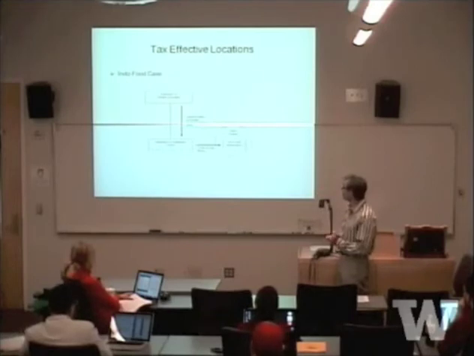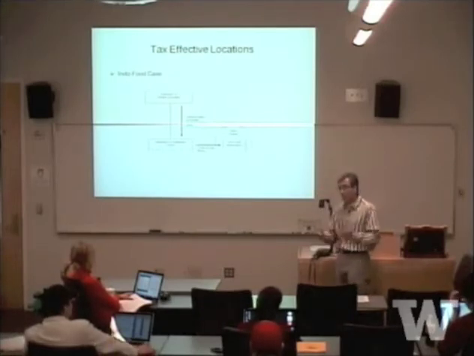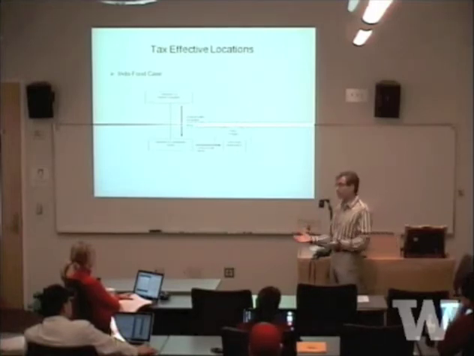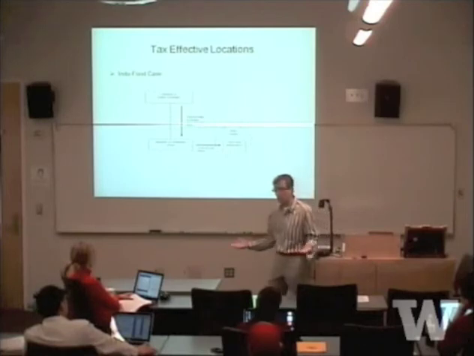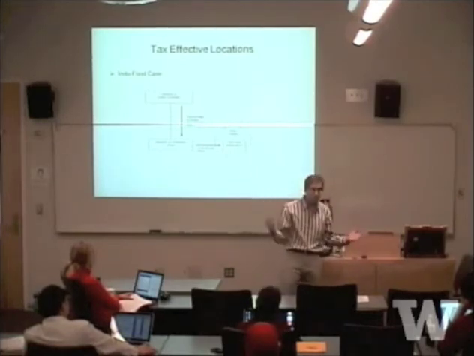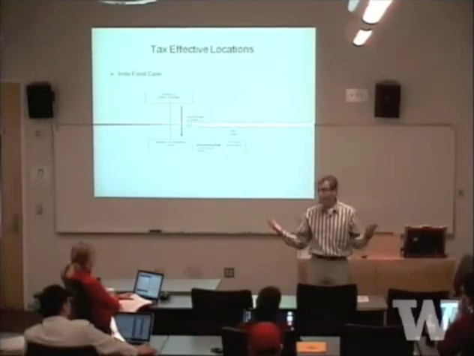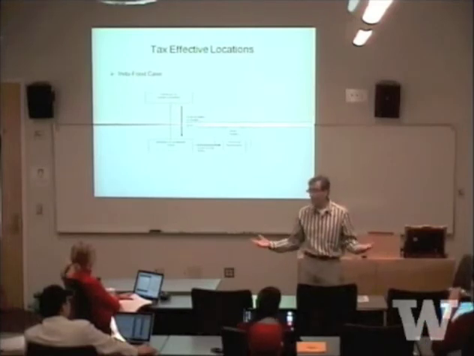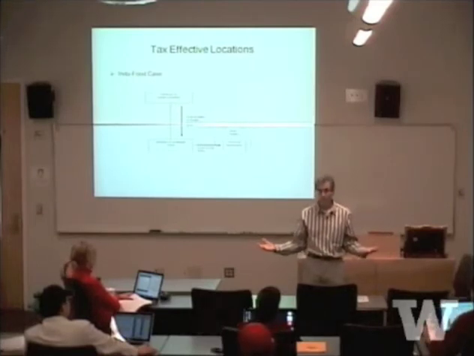The Indonesian government started to worry about treaty shopping. And somebody, of course, in the government said, you know, why do we have a tax treaty with Mauritius? All it is is a mechanism for treaty shopping.